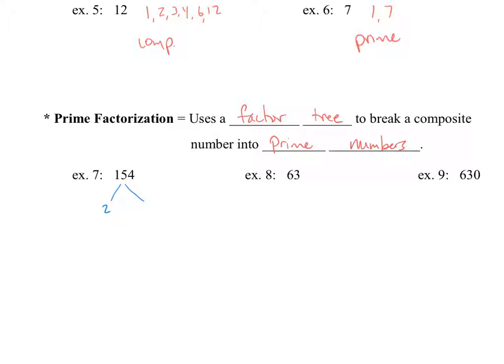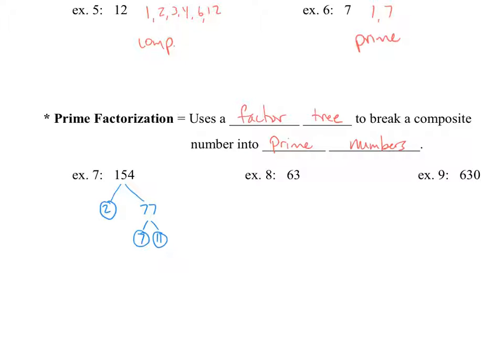It's 77. What fits into 77? 11 does. 11 times what? 7. Okay. Do we have prime numbers here? Yes. 2 is a prime number, 7 is a prime number, and 11 is. I always like to circle my prime numbers so I know I'm done with them. So that's a factor tree.